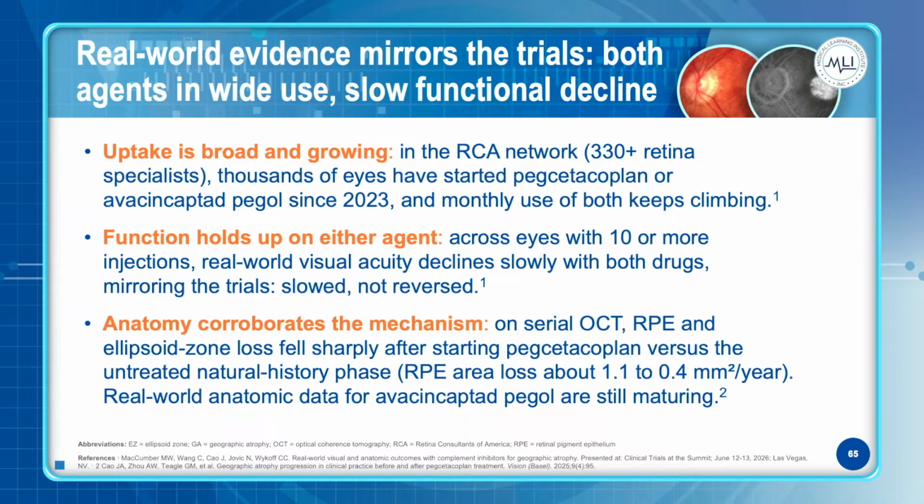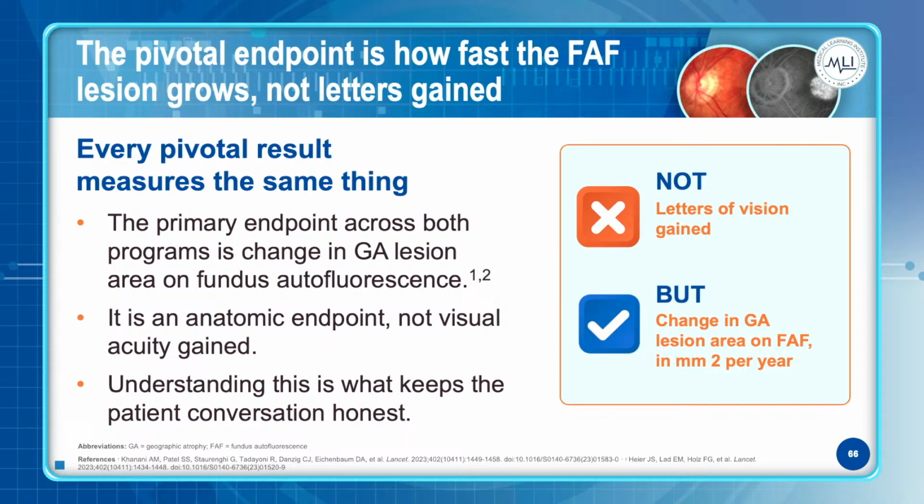And when you look at the data from the RCA network and you see the uptake of both of these medications over time, we're actually able to learn about the long-term efficacy and safety of these agents. And again, as I mentioned, the pivotal endpoint is structure and not function.